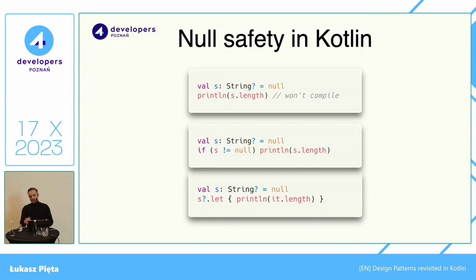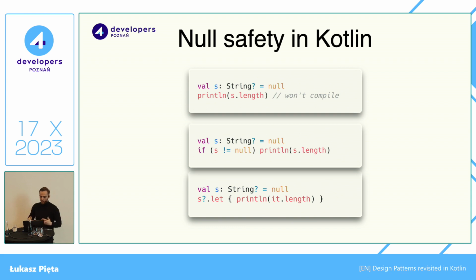And on the other hand, we have Kotlin, and Kotlin guarantees at compilation time that the thing that we know is non-nullable will stay non-nullable, because the compiler is our friend. In the first code snippet, you can see that code like this won't compile in Kotlin. It would have in Java, right?